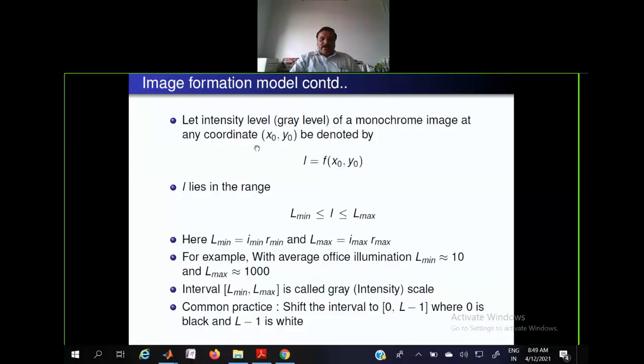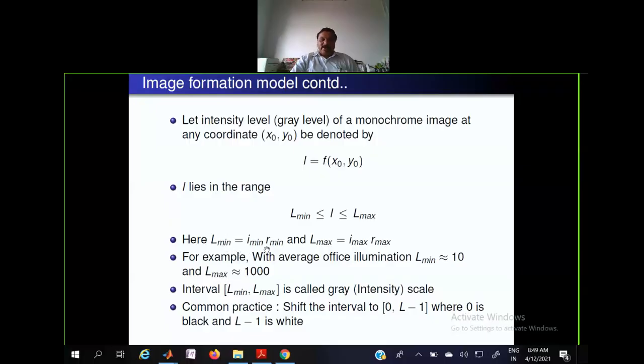At any coordinate x naught y naught, if I have a value equal to say f, that is I, it will have some minimum and some maximum value, as I already mentioned, depending on the object. Even though the illumination is same, reflectance may not be same from all part of the scene, so I may have some minimum value and maximum value.